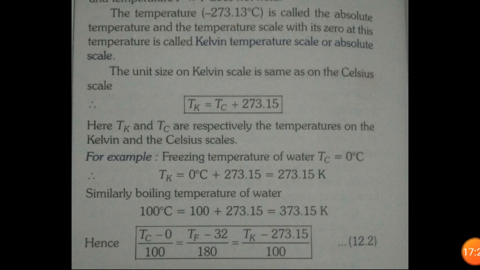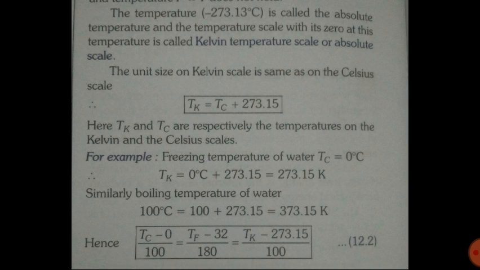The temperature minus 273.15 degrees Celsius is called the absolute temperature. Sorry, 15 it should be, not 13. The temperature scale with its 0 at this temperature is called the Kelvin temperature scale or absolute scale. The unit size on the Kelvin scale is the same as on the Celsius scale.